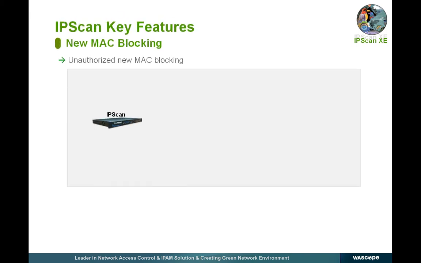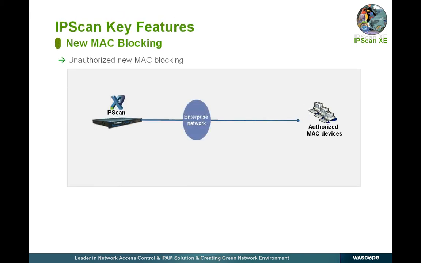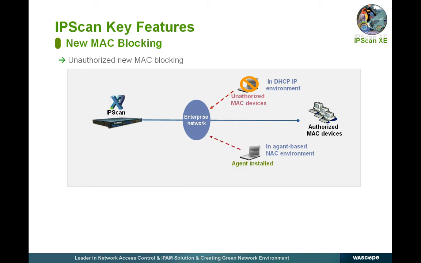Blocking unauthorized MAC is to prevent unauthorized network devices or personal PCs from accessing the network. Any security-important DHCP environment must employ this function, which can solve the problem of unmanaged IP assignment to unauthorized PCs. Blocking unauthorized MAC is a representative function of the agentless NAC system.